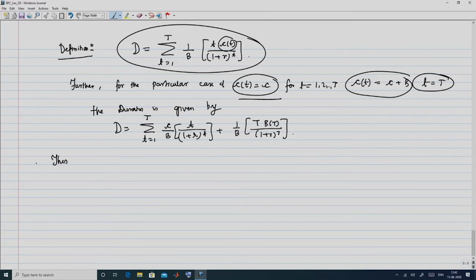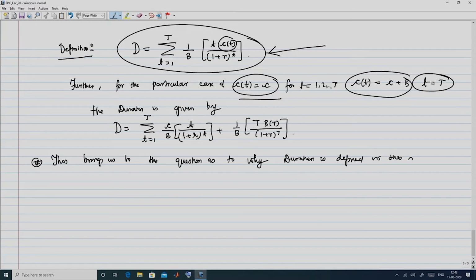Now, this brings us to the question as to why duration is defined. So, I have sort of suddenly introduced this definition, and I need to now justify why the duration is defined in this manner.